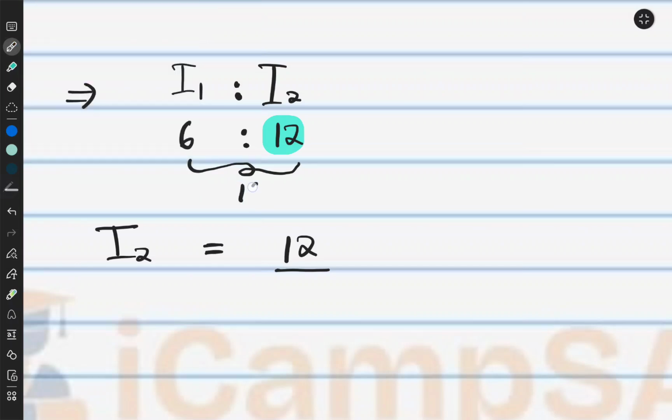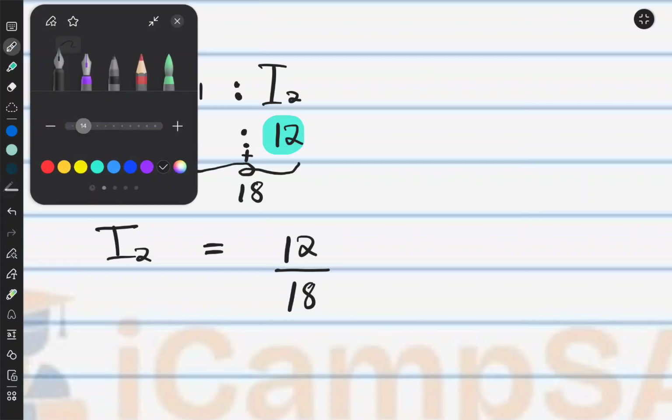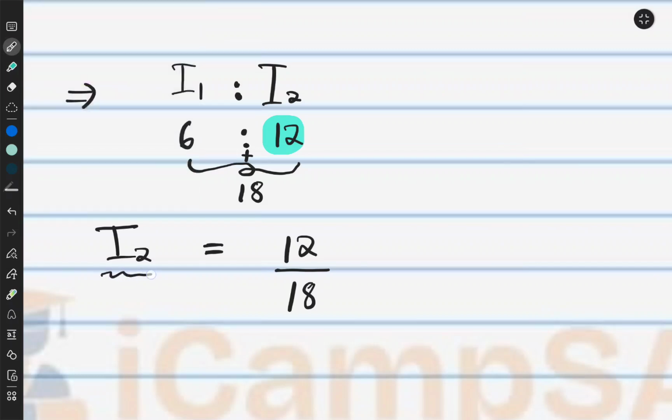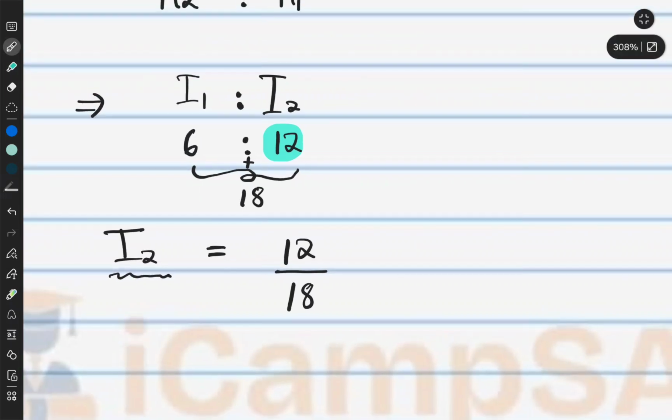Let me make it black. If we add these two to get 18, you put that 18 as your denominator. Then you multiply, because remember, you are trying to see how much of the total current will go to I2, or how much of the total current will be I2. So now you must take this ratio and multiply by the total current, which we call I tot.